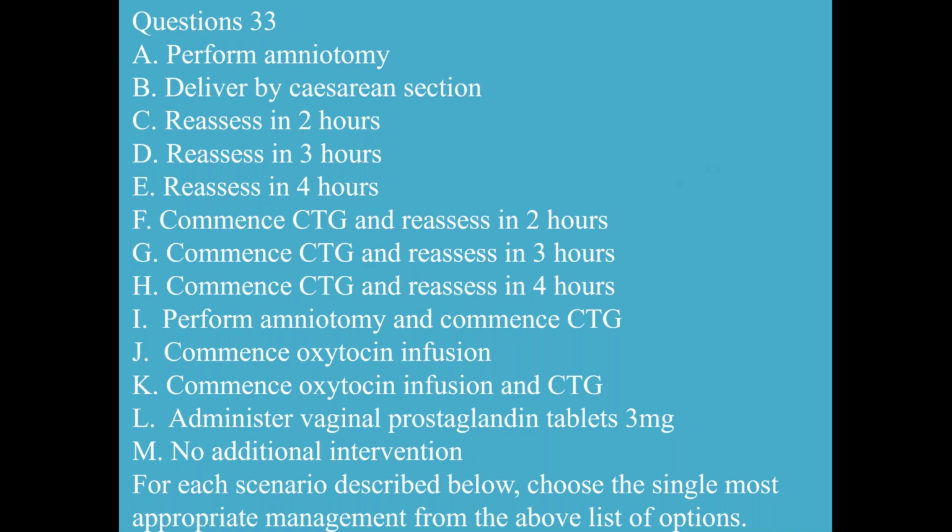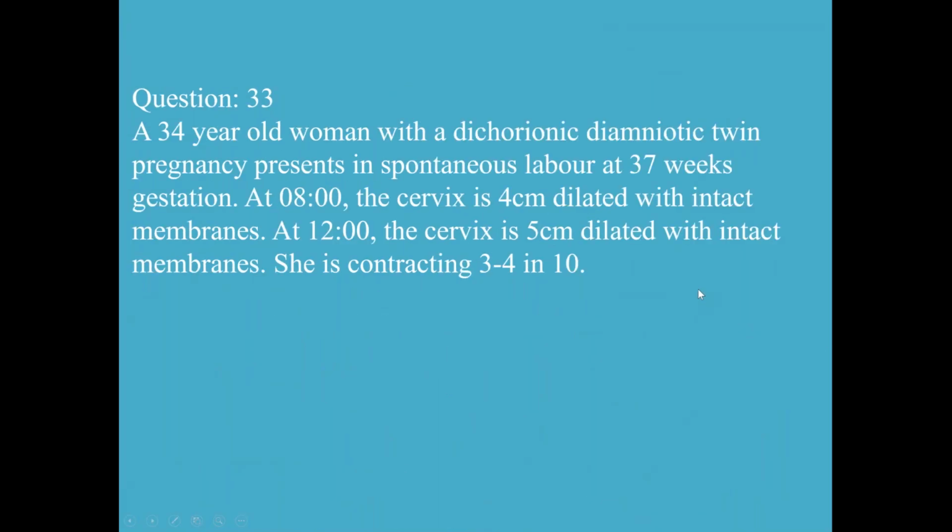Why not reassess after 2 hours? No, as Dr. Fath has already said, after amniotomy we'll reassess in 2 hours, and if it is less than 1 centimeter, then that's right. But first we perform an amniotomy. After 4 hours, we perform an amniotomy and then reassess in 2 hours.